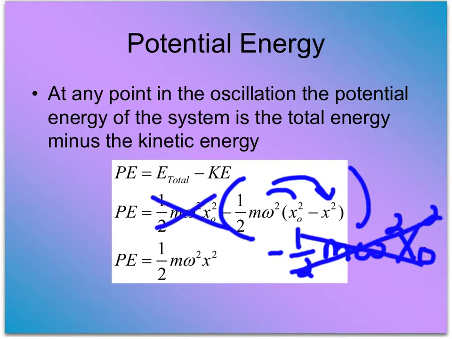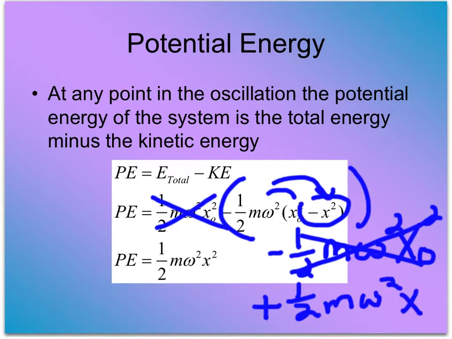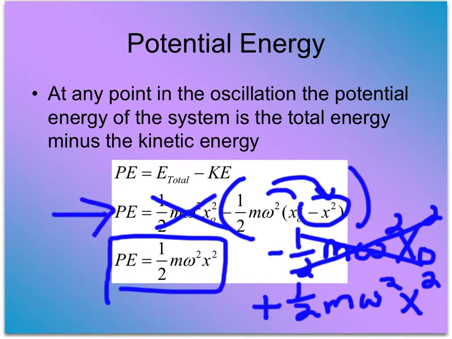And then when we distribute it through to the second part, the negative 1/2 m omega squared times negative x squared gives us a positive 1/2 m omega squared x squared, where x is the displacement, which is what we have here. So that's how we get to this point from this point.